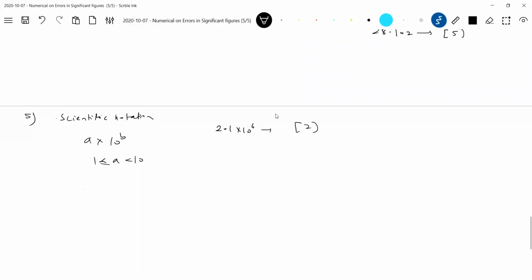Now, what is this A into 10 to the power of B? The B is called the order of magnitude, and it will not have significant figures. And A is called the base. Only that one will have significant figures.